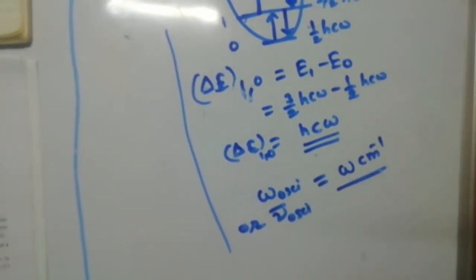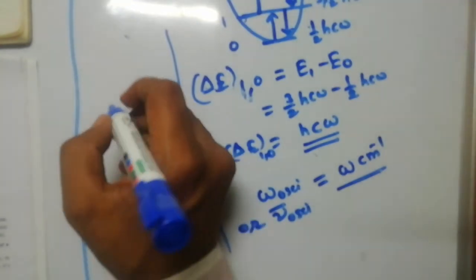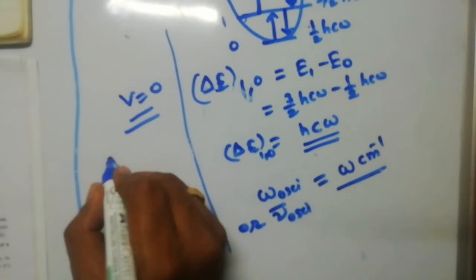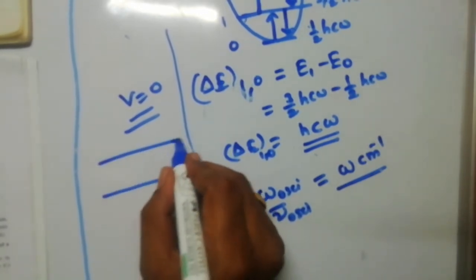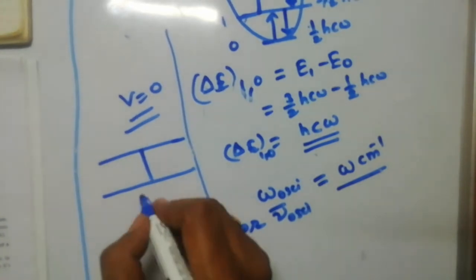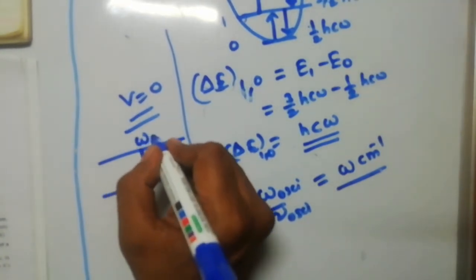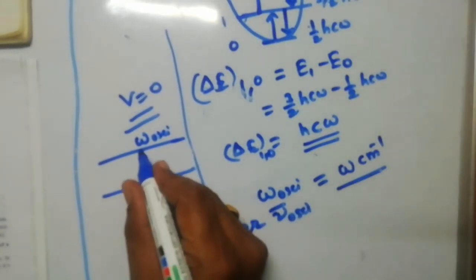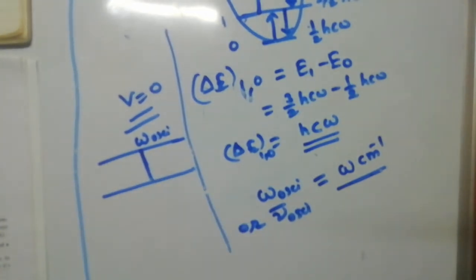Usually most molecules are at V equal to 0. So when you draw an IR spectrum of a molecule, for a particular transition you get only one line, which corresponds to omega oscillation. So you get only one line in the IR spectrum of a diatomic molecule for one particular transition.